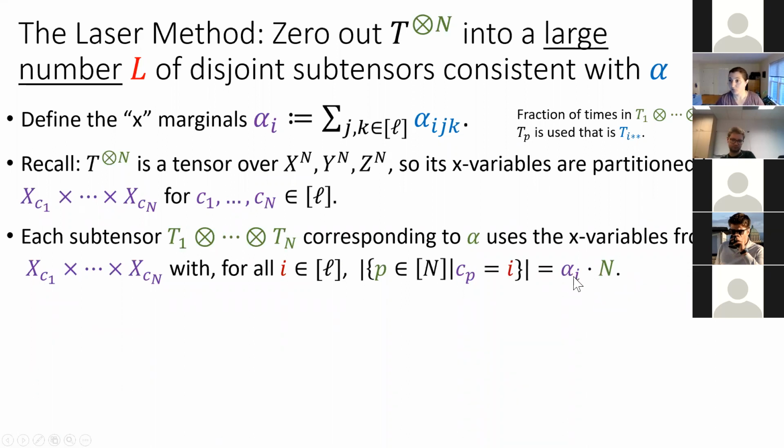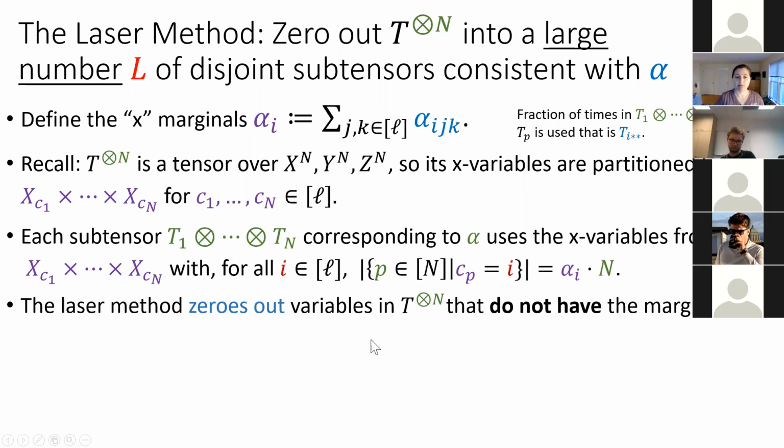once we fix the marginals of alpha, we will get some x variable sets, right? There will be exactly those x variable sets for which in here you picked I, alpha I times n times, alpha I fraction of the times. You pick j, alpha j fraction of the times, and so on. So the marginals define variables that we care about.